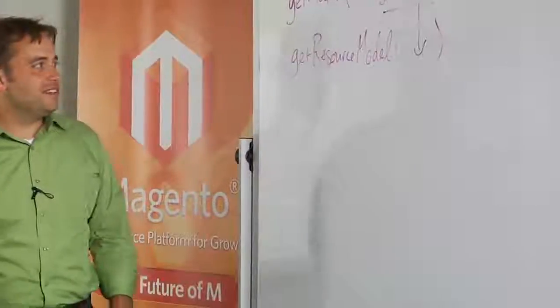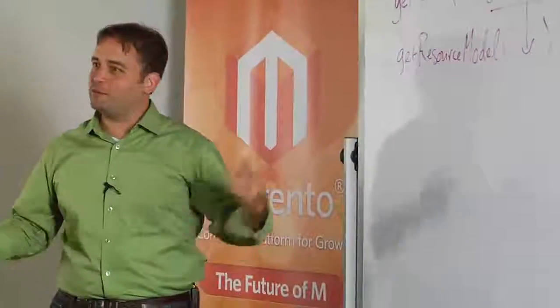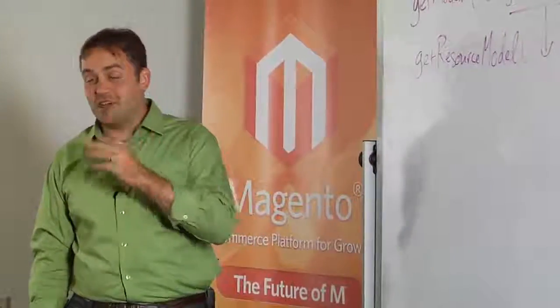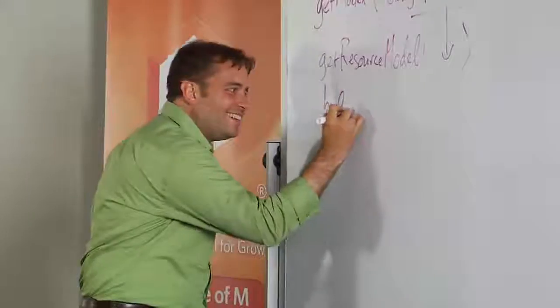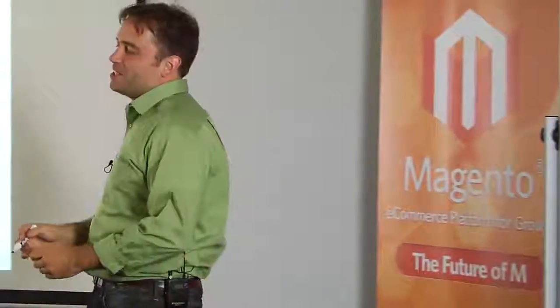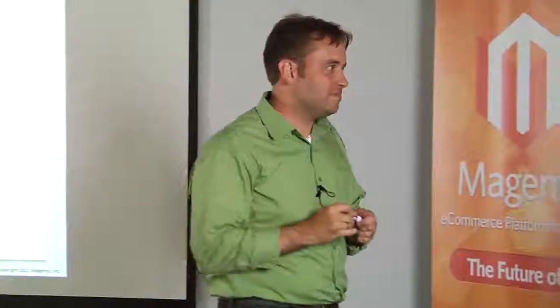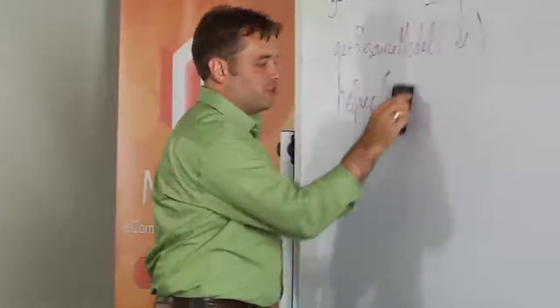And for helpers, of course, we have getModel, getResourceModel. So how would we get a helper? No, it's Mage::helper. Just helper. Just because they can. All right. And a tricky thing with helpers, by the way, I'll go ahead and tell you this because it'll come up again.